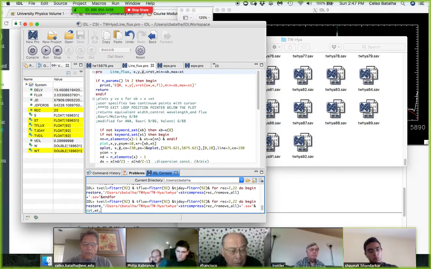Cut WT ST 5860 5890 and put in WS SS, SCS equal SCS divided by its mean, just to do a simple normalization.